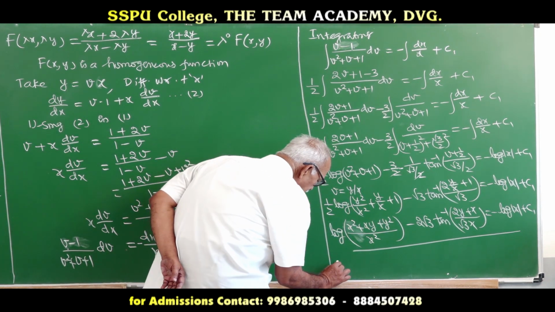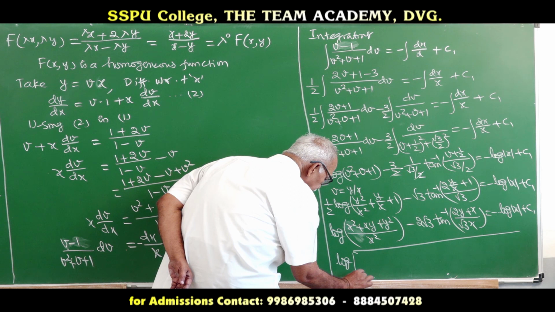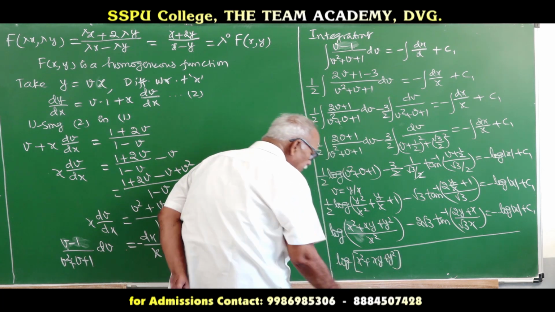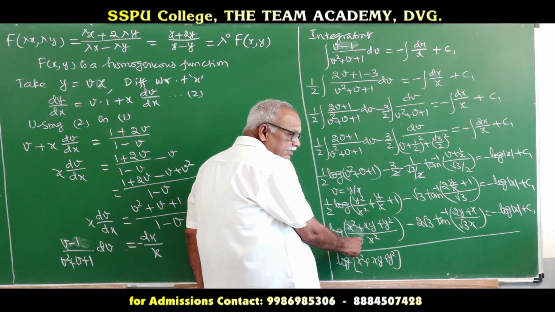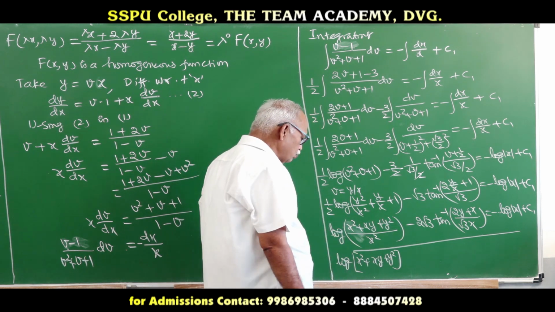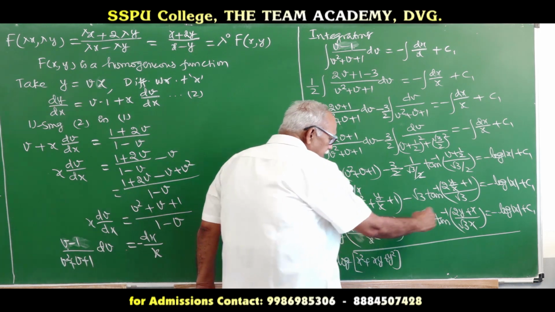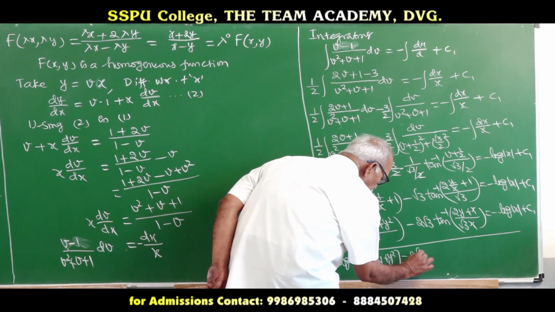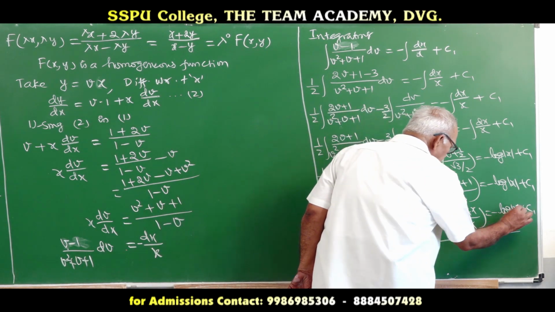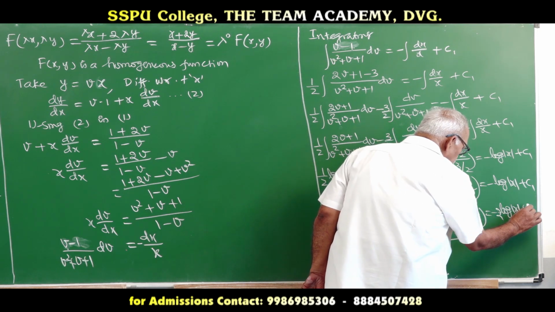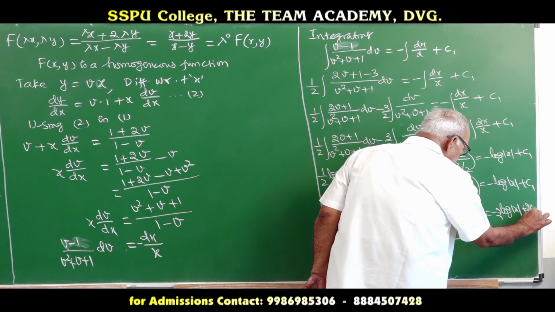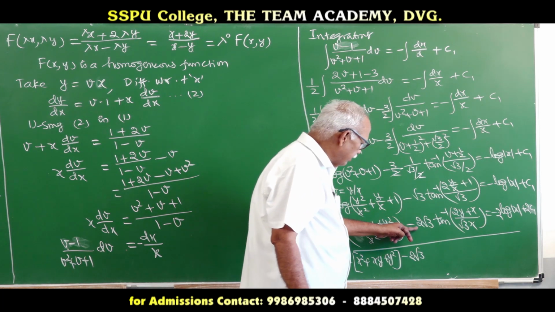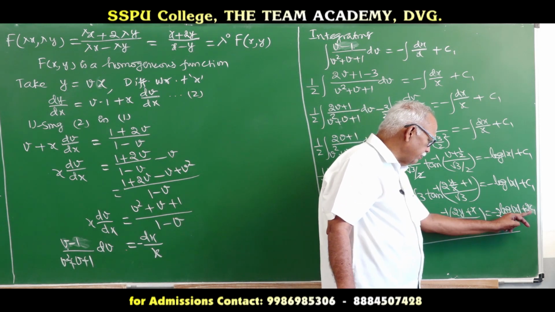It will become log of x square plus xy plus y square. I am taking this as minus log x square, which is minus 2 log x. Minus 2 log x, when it goes to this side, it will be plus log x. So minus root 3, and here also we have multiplied by 2, so it will become 2c1. So here you have to multiply by 2, here also, and here also.